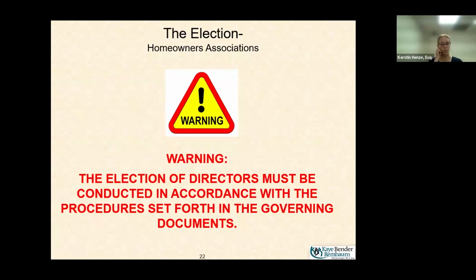All right, so like I mentioned, elections for directors for HOAs have to be conducted in accordance with your governing documents. So for most HOAs, especially ones with older documents, the process is fairly simple. Okay, you mail out your one notice at least 14 days prior with the agenda that you're going to conduct your elections.